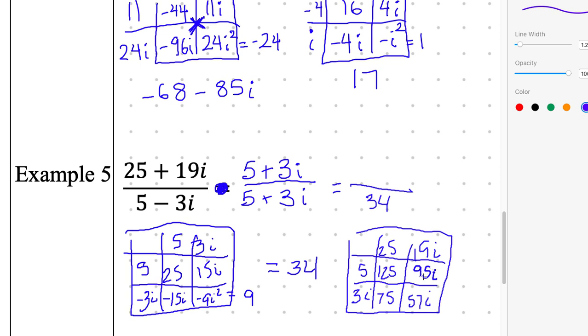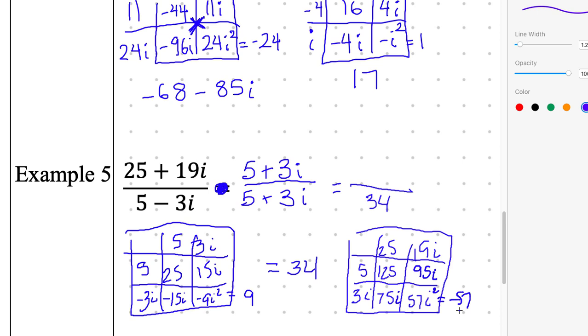There's one more mistake also. What's 125 minus 57?